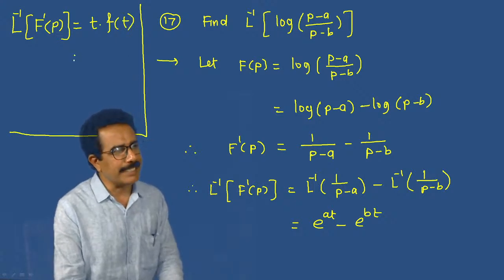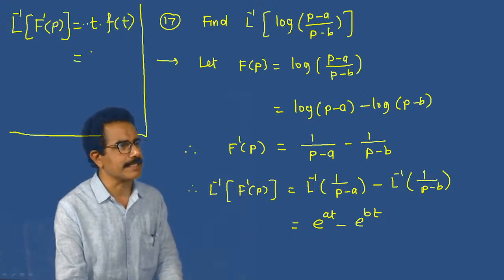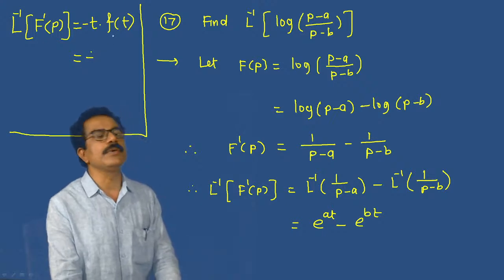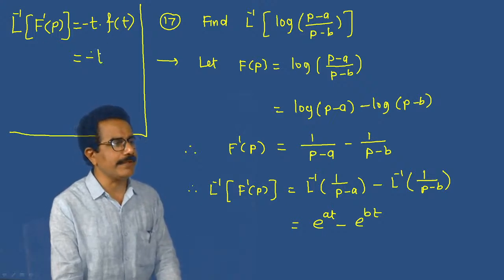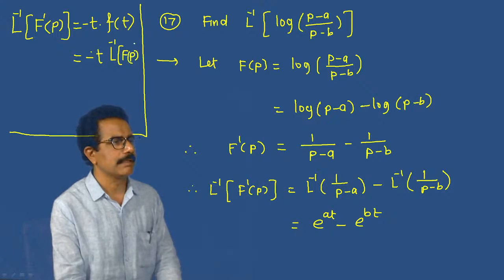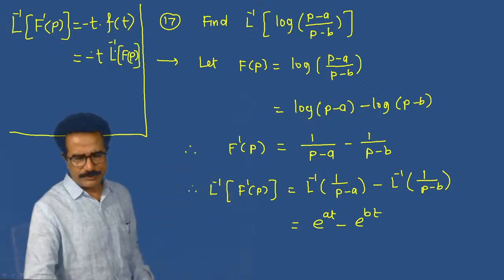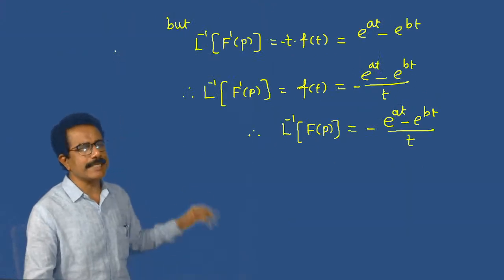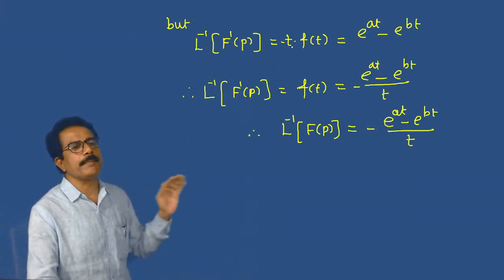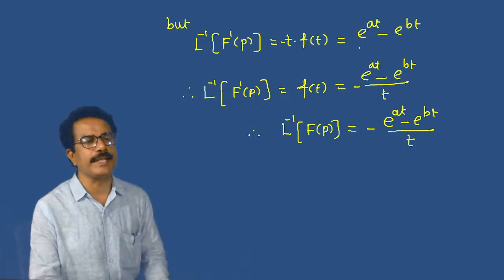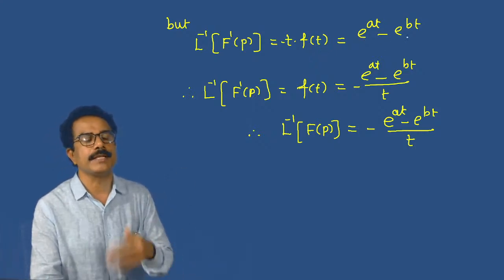But again, by the definition, minus t into f of t. Again, by the definition, f of t we can write as L inverse of capital F of p. So you can use any formula. So we will get L inverse of f dash of p means minus t into small f of t, which is equals to e raised to at minus e raised to bt.